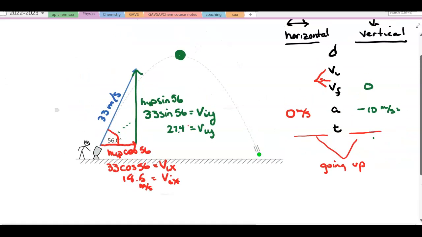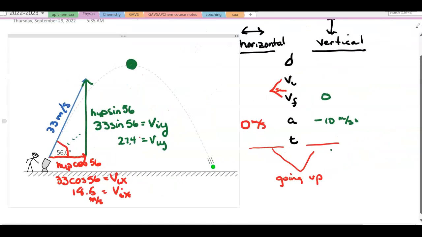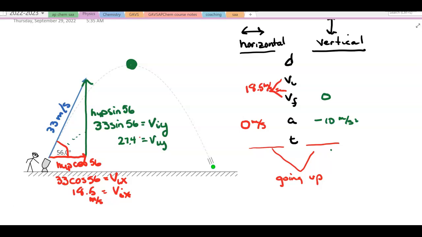So now I can come over here and add these values to my table: 18.5 meters per second for the horizontal and 27.4 meters per second for the vertical. Now that I know three variables, I could solve for both time or distance using the appropriate formula.